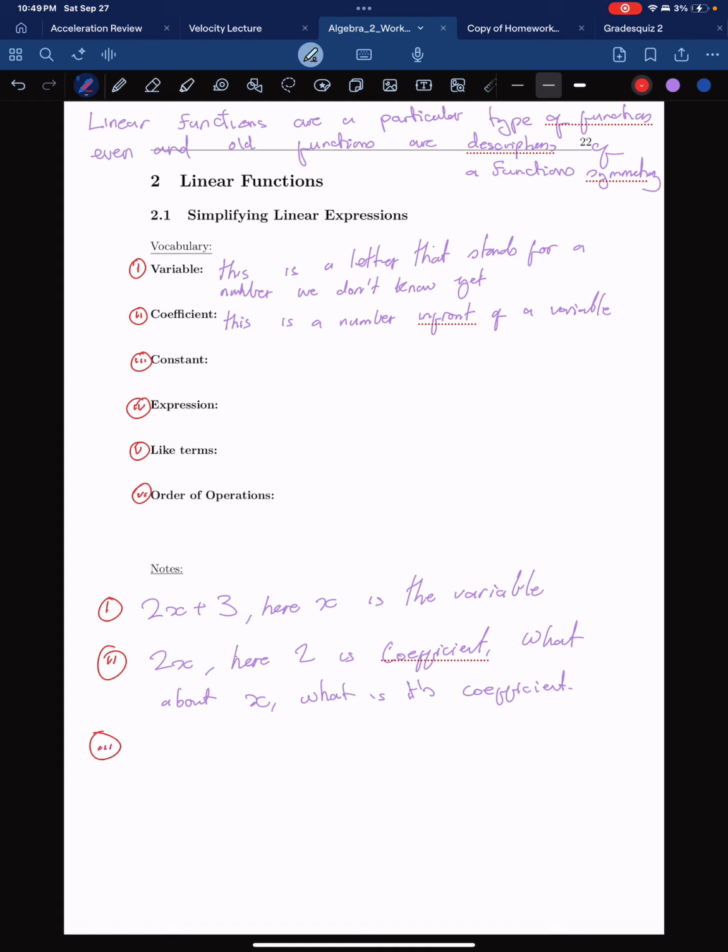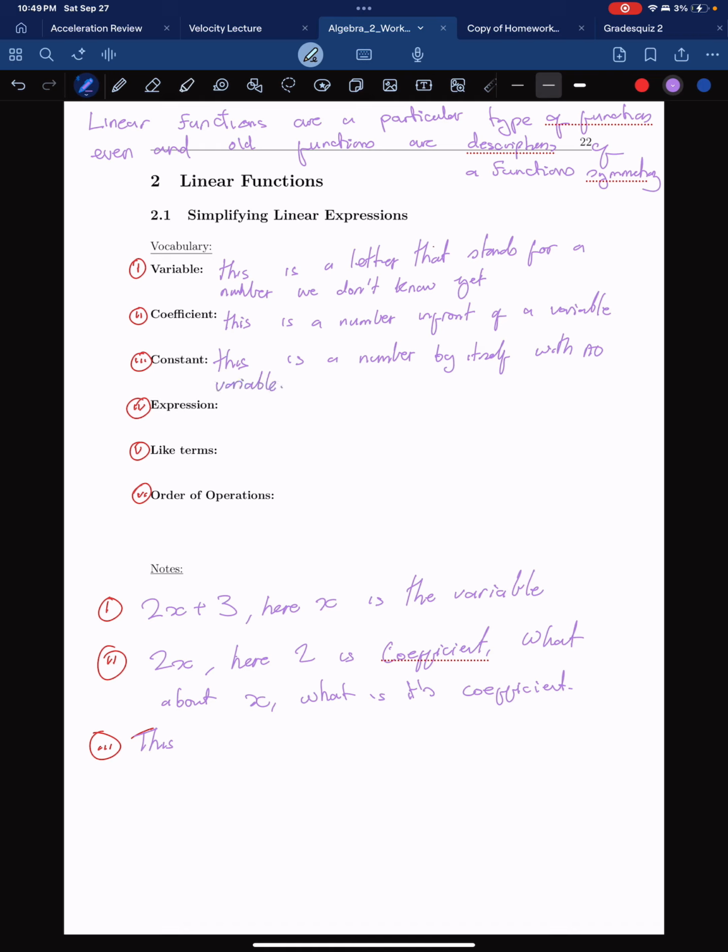And a constant. So a constant, this is a number by itself with no variable. All right, so that's what a constant is.